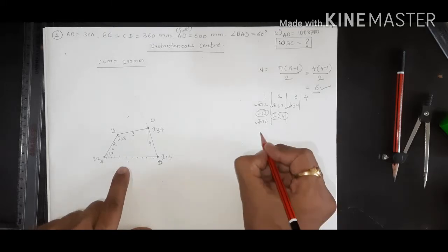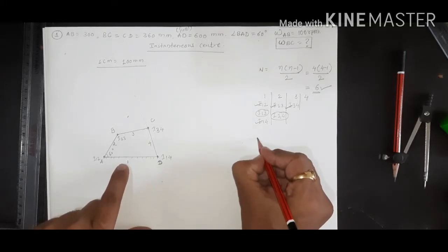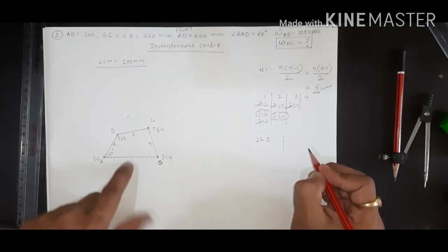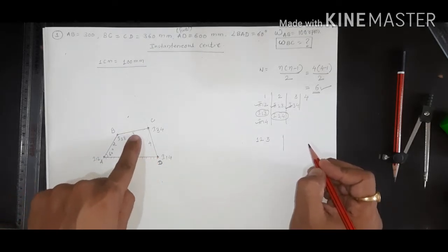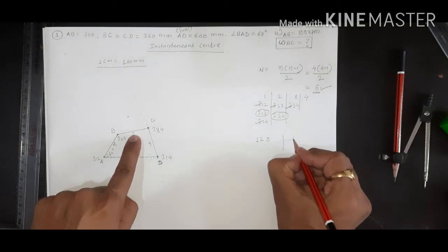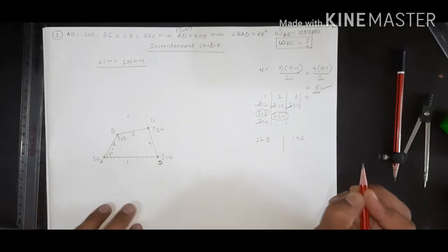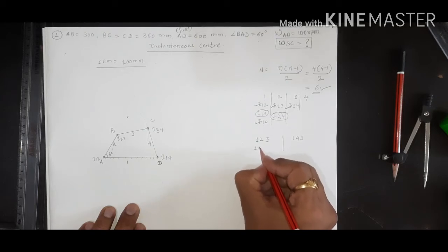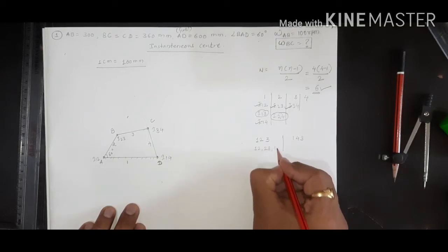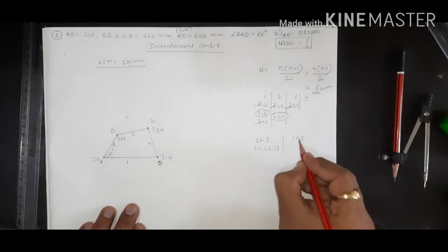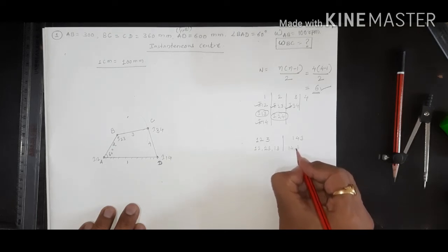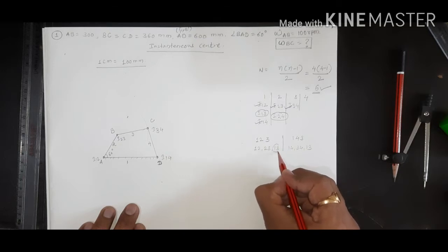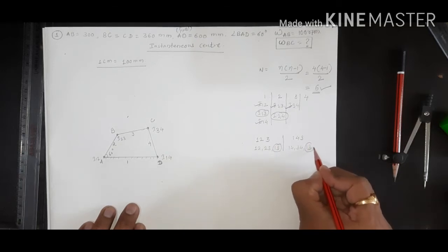Let us take the first set 1, 2 and 3, and the second set 1, 4 and 3. With 3 links there will be 3 eye centers: 1, 2, 2, 3 and 1, 3. Same way here, 1, 4, 3, 4 and 1, 3. You can see 1, 3 is common, which is unknown.